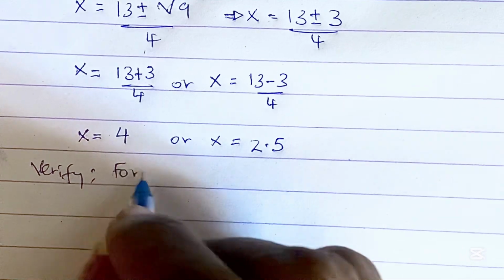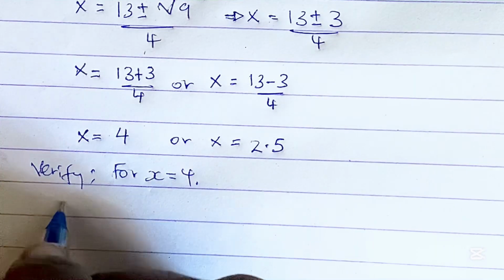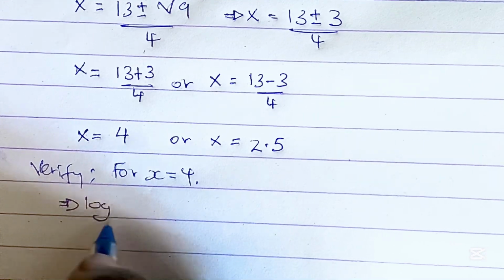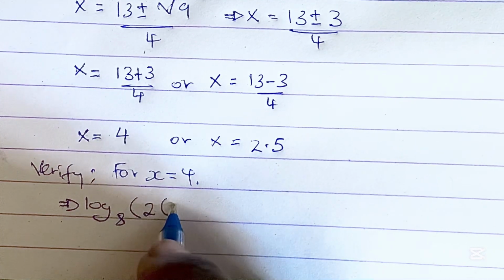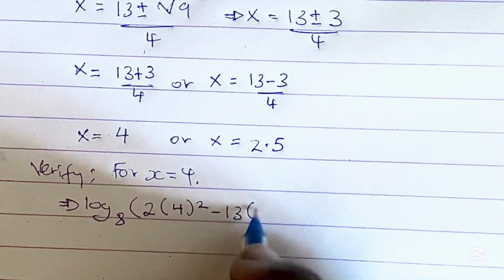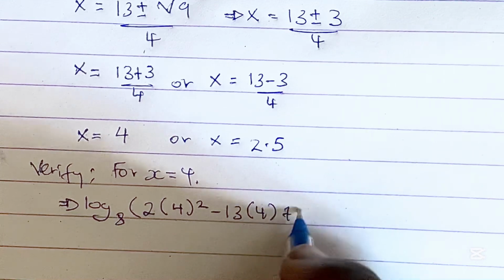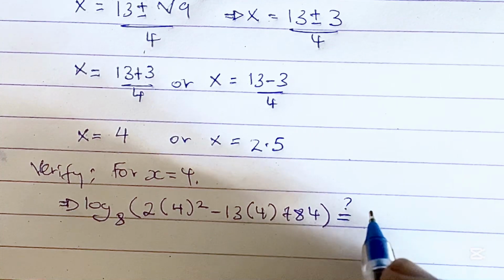So for x is equal to 4, from the question we had log 8 of 2 into 4 squared minus 13 into 4 plus 84. This should be equal to 2.